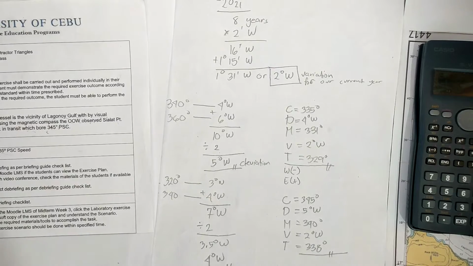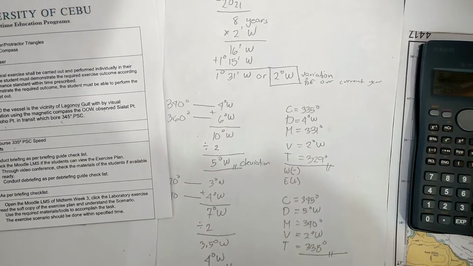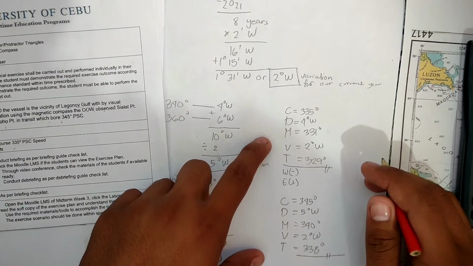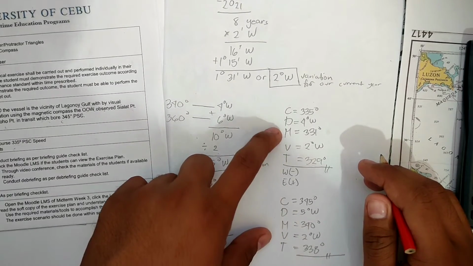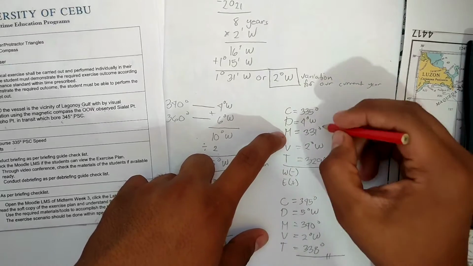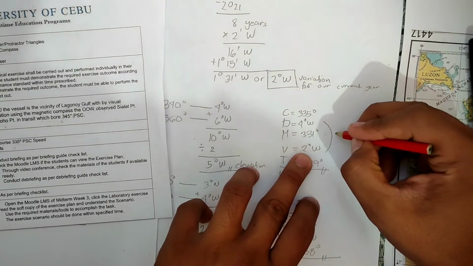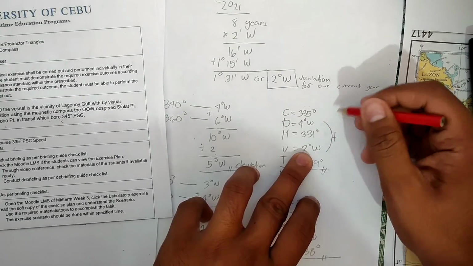So now let's find the compass error. In finding compass error, the first thing we will do is add the deviation and the variation. So let's add.